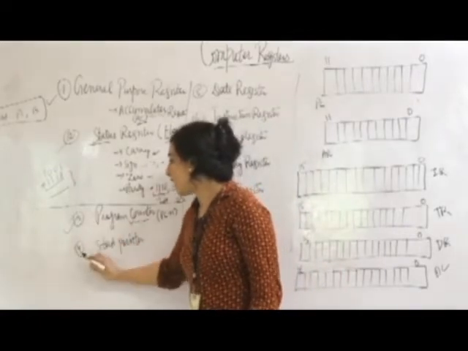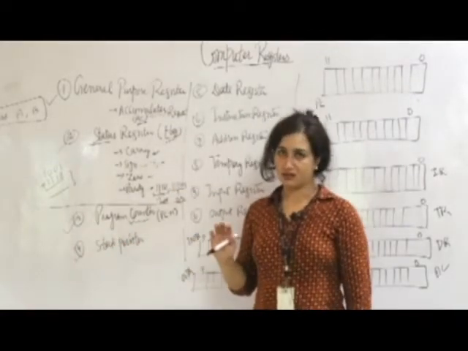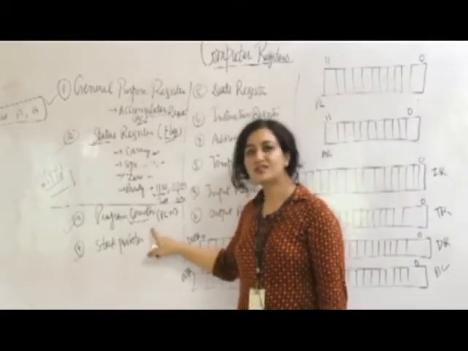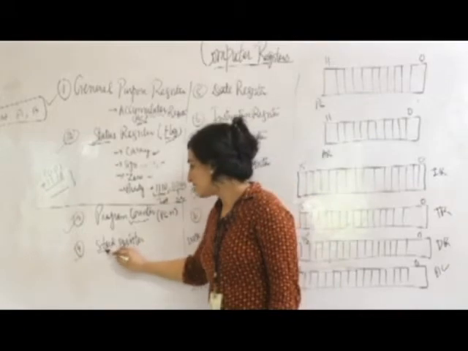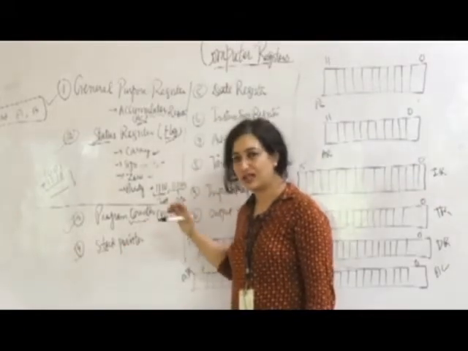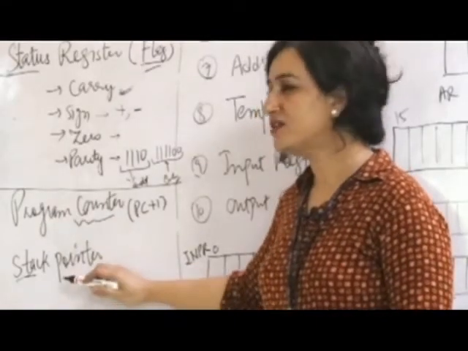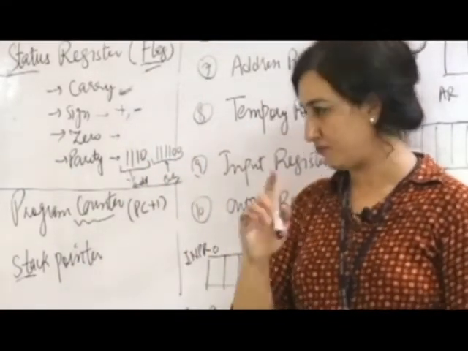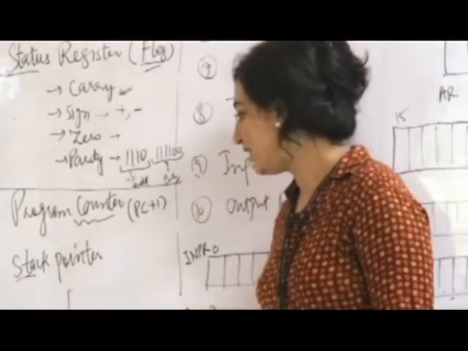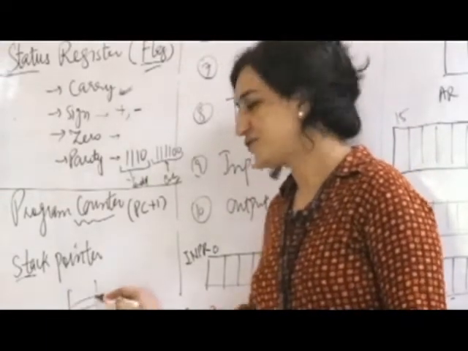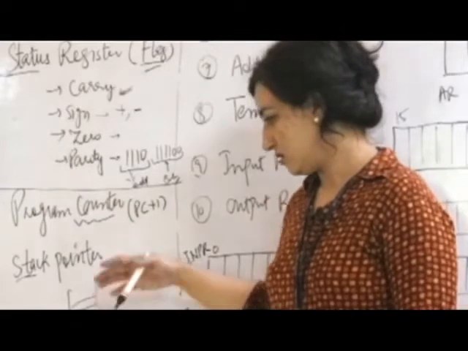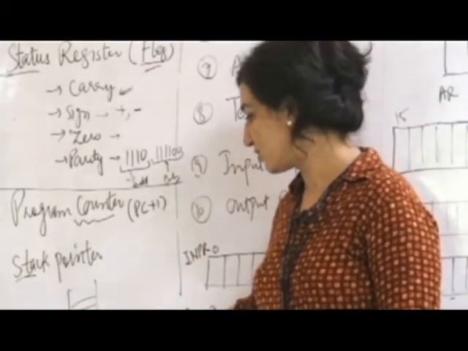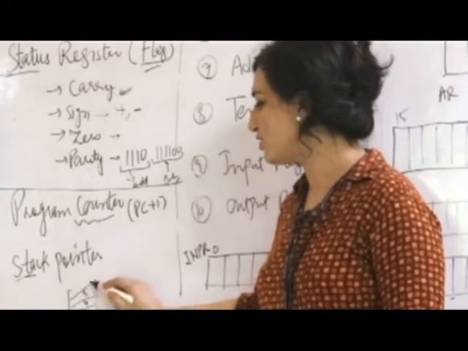Same like the program counter, there is the stack register, right? Their working is different, but they do the same task. The stack register does the same task as the program counter register, but the difference is that the program counter increments its value 1 by 1, while the stack pointer works in the form of a stack. It stores the values of different instructions, like instruction 1, 2, 3, 4, and so on.